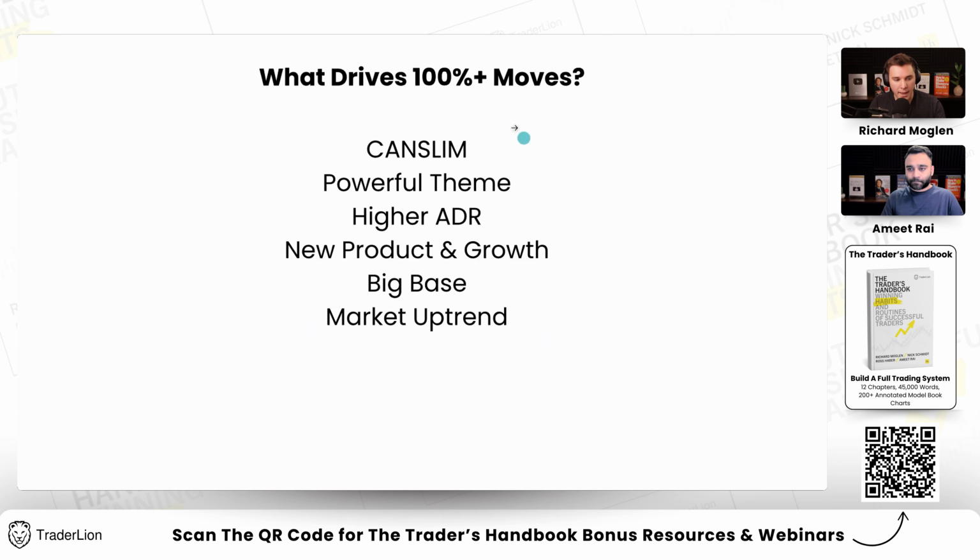Ry, anything that you'd add to this list, just high level, what drives 100% moves? If we add a general one, it could be float and the catalyst of a particular stock. Recently, buybacks have had a huge role, especially if it's a company that's growing its sales really quickly.